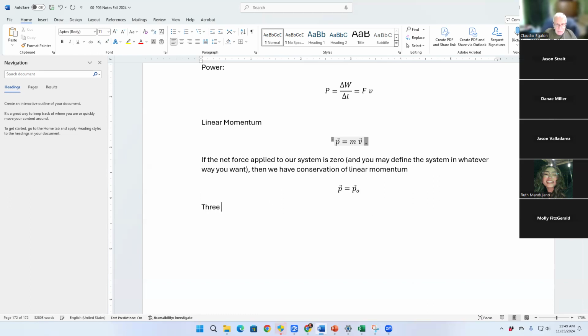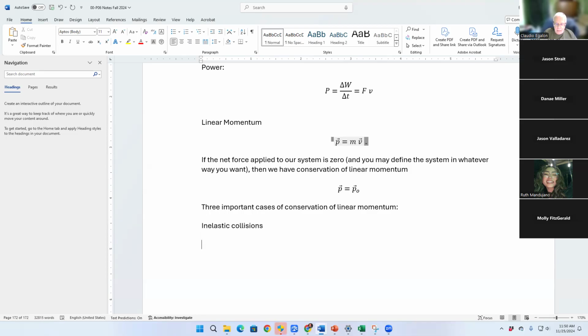Three important cases of conservation of linear momentum. The simplest of all of them is inelastic collisions.